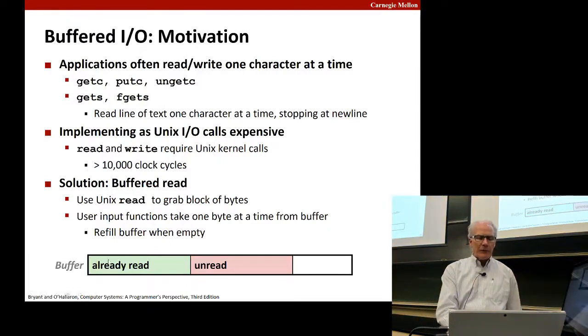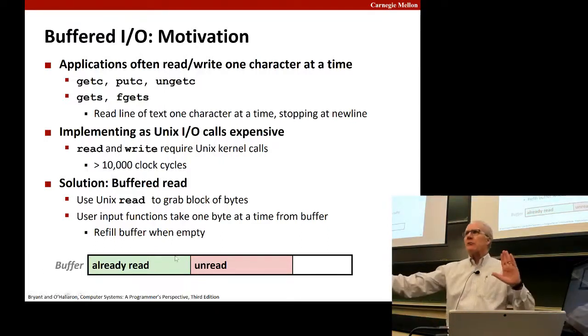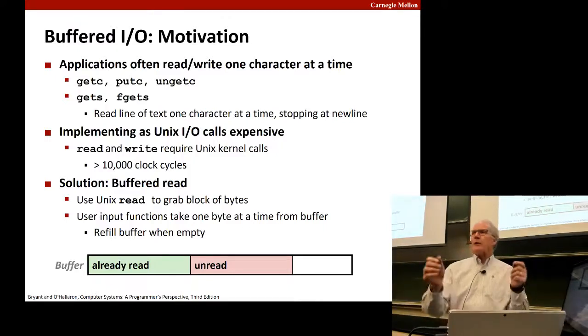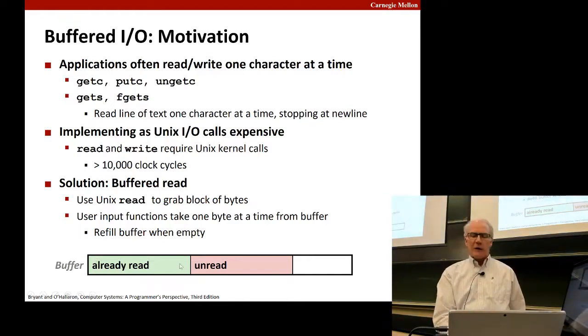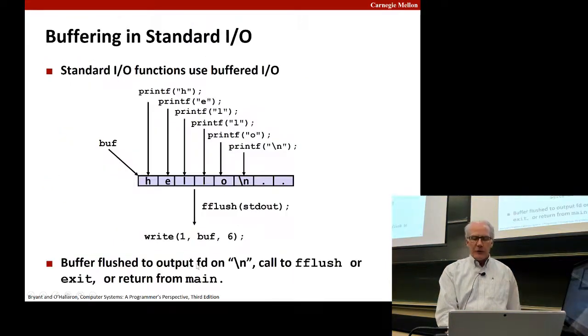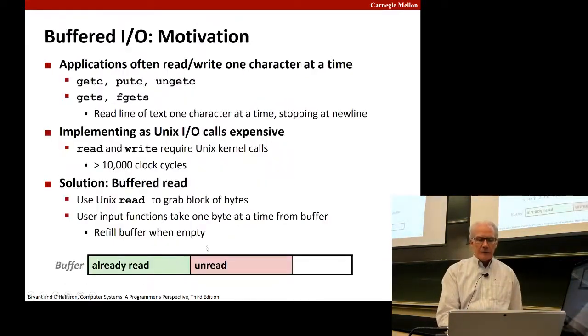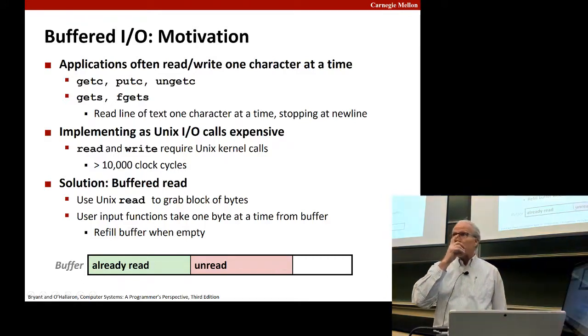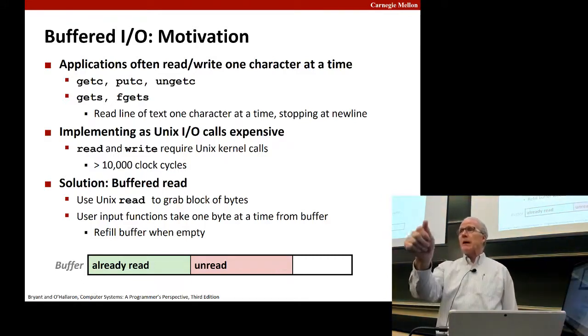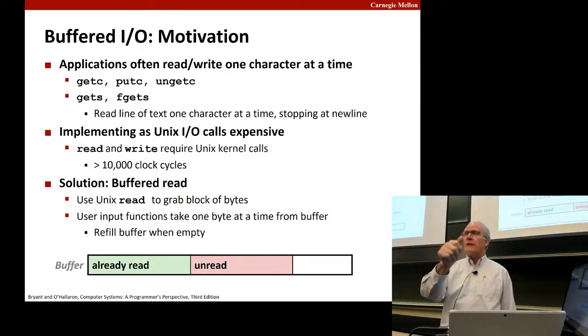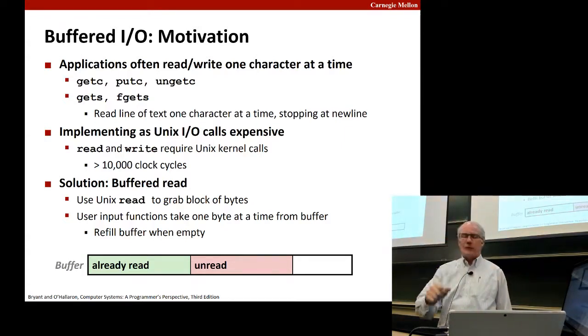What will happen is that the system will read a bigger chunk of stuff and store it in a buffer, and then keep track of a position within that buffer. As I call getchar or getc, it'll read up to this point, and as I do more getc's, it will continue moving to the right. This is different from the file position, which is maintained by the operating system. This is internal in a buffer that's part of this library.